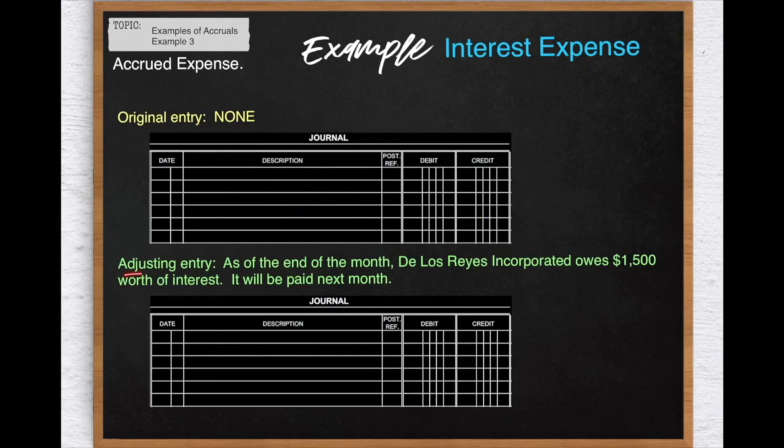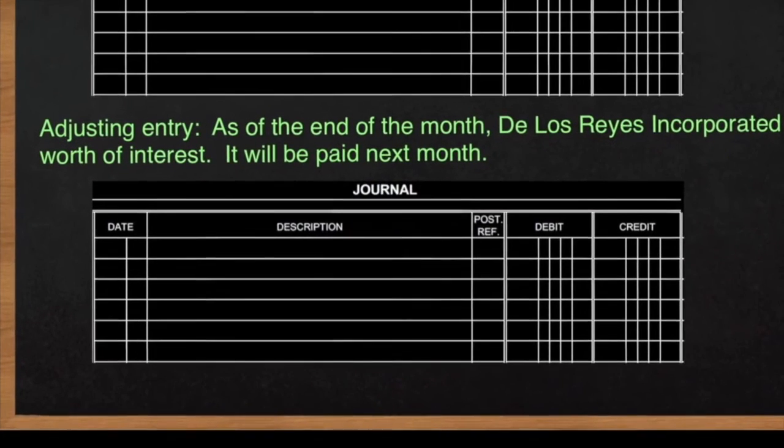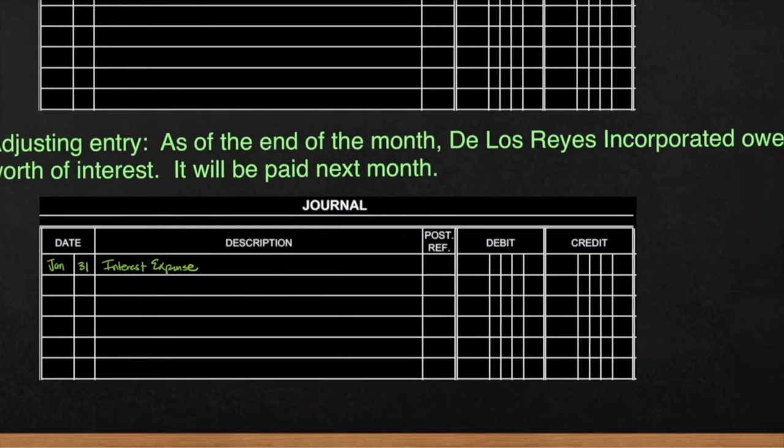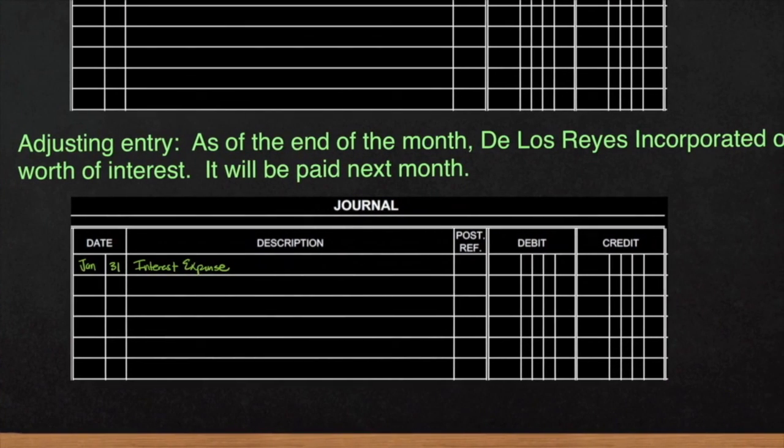What's happening here is the business probably took out a loan and they have to pay some sort of interest that they have not paid out yet. So here's this example. As of the end of the month, Delos Reyes Incorporated owes $1,500 worth of interest. It will be paid next month. But that interest that they incurred is for January, so you have to record that expense for January. So the date is January 31st. Interest expense is your debit, and the interest expense is $1,500.